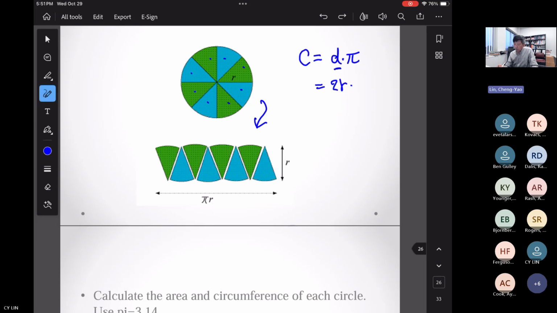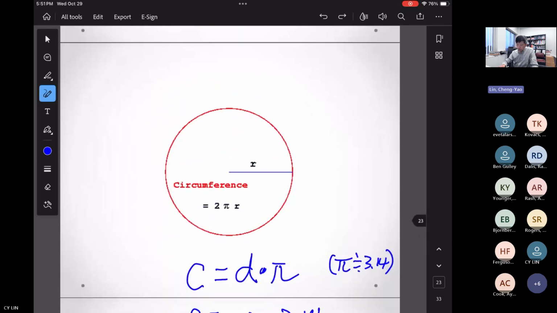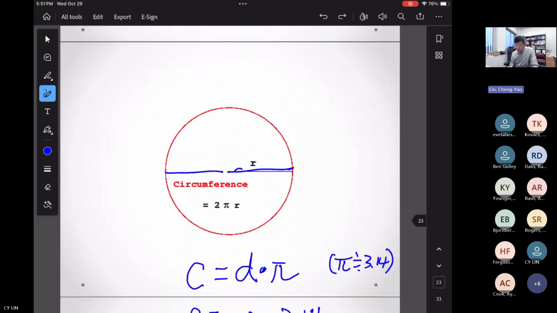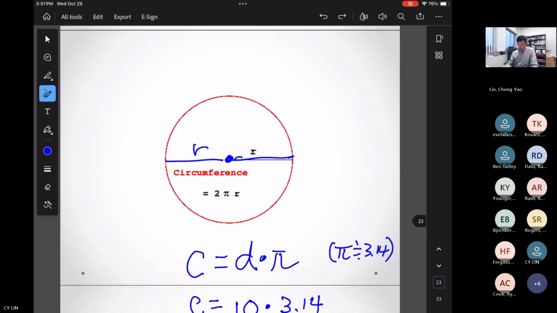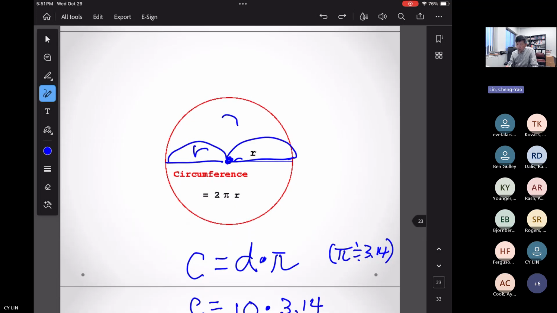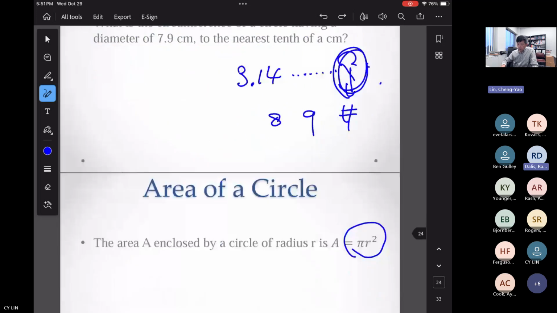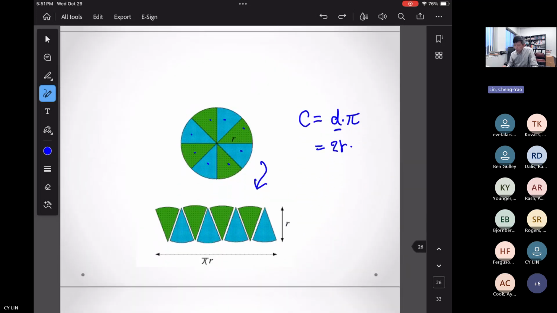Are you with me for this? Two radius of this is the diameter, right? So 2 radius is equal to d, right? That's why we have a d right here. And that's the pi, right? And then sometimes we say 2 pi r, right?